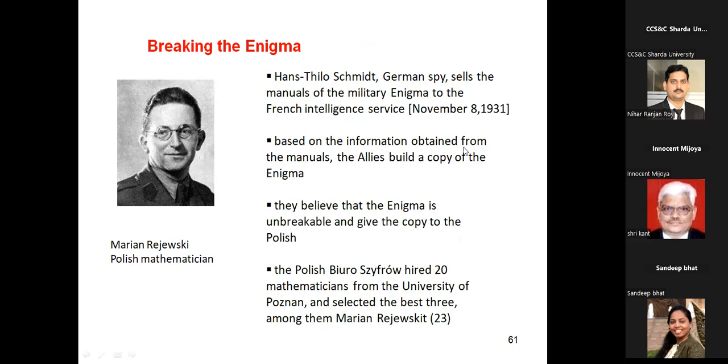Based on the information obtained from the manuals, the Allies built a copy of the Enigma. They believed that Enigma is unbreakable and gave the copy to Poland. And Poland hired 20 mathematicians from the University of Poznan and selected the best three. Among them, one is this gentleman, Marian Rejewski.